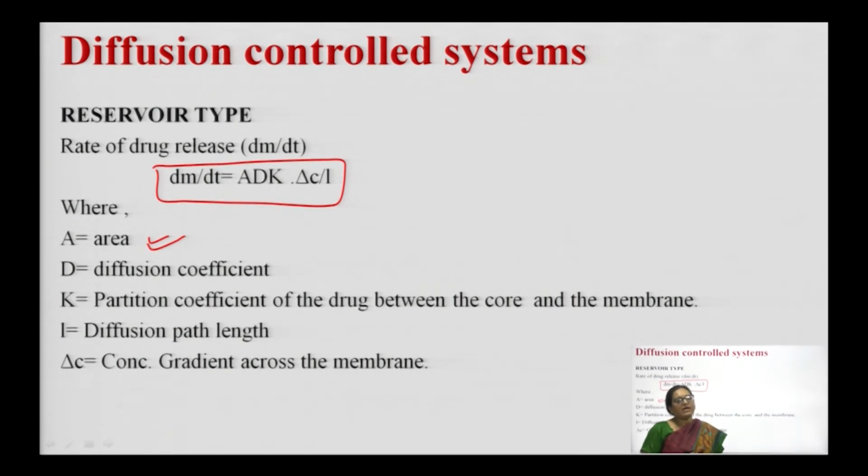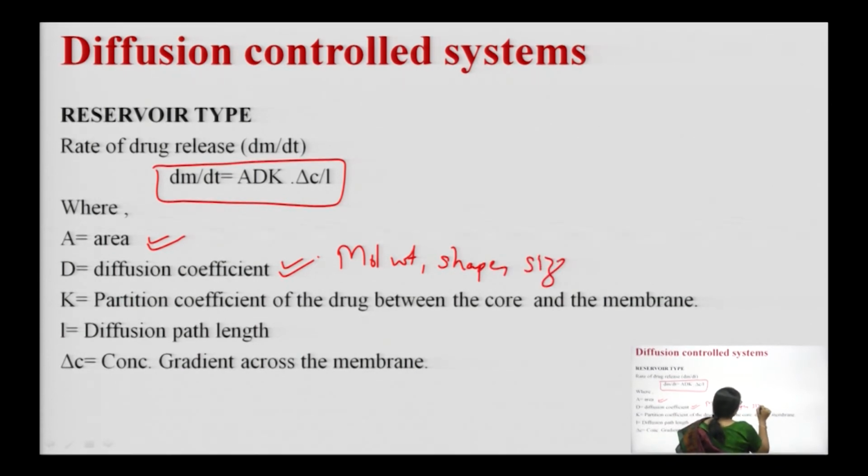Larger the surface area available for diffusion, greater is the rate of drug release. D represents the diffusion coefficient of the drug, and this diffusion coefficient is in turn dependent upon the molecular weight of the drug, the shape of the drug, the size of the drug, right.